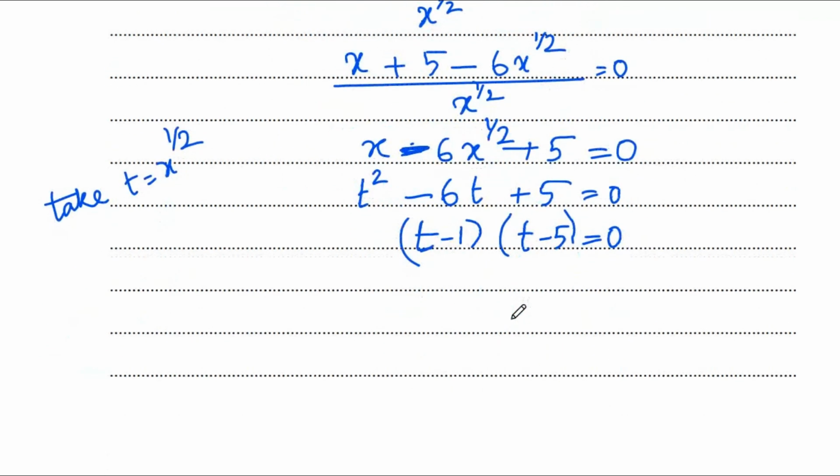So t will be equal to 1 and 5. So x power 1/2 equals 1 and x power 1/2 equals 5. Square on both sides. So we get x equal to 1. And here if you square on both sides, you will get x equal to 5 squared, which is 25.